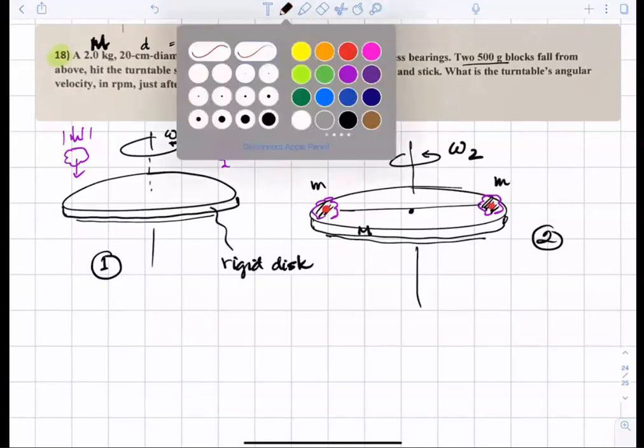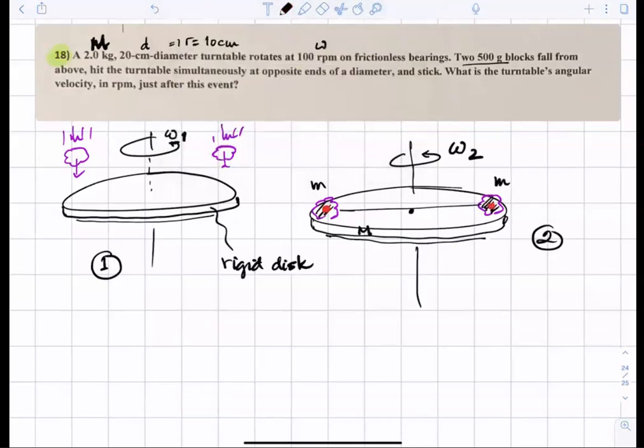So for this problem, you have a moment of inertia in phase 1 before the two blocks hit the turntable. And then you have a moment of inertia in phase 2, which will be equal to the moment of inertia of phase 1 plus whatever the two other particles are bringing into the picture. And then you have to think about the fact that the angular momentum here is conserved.